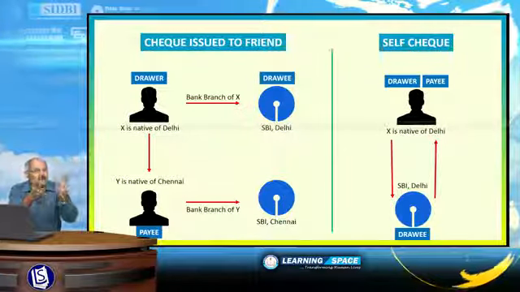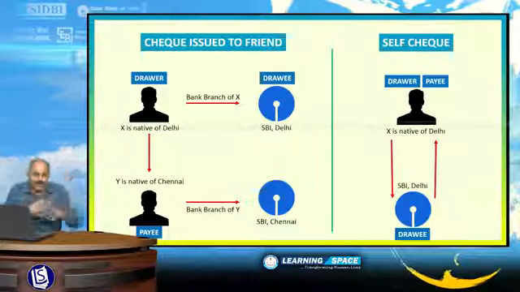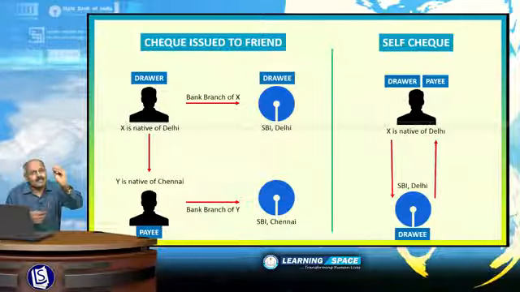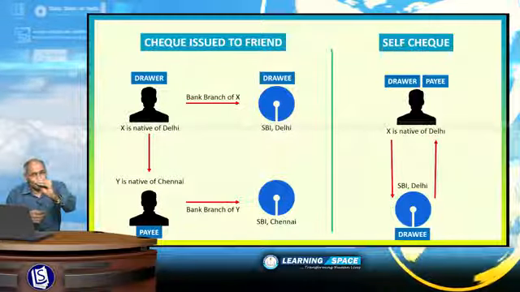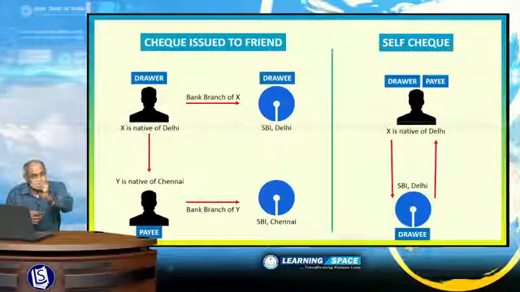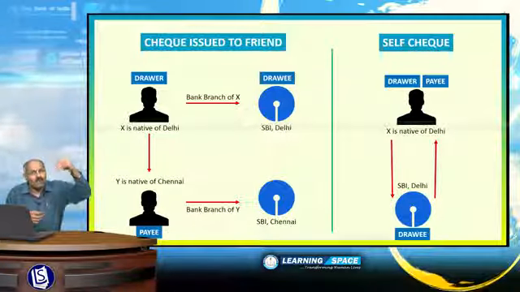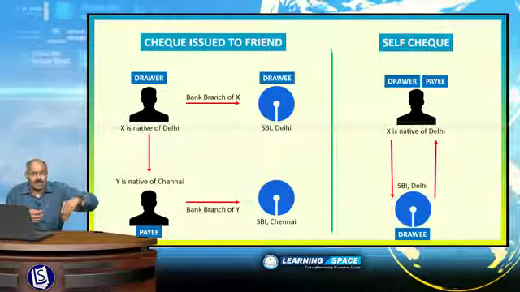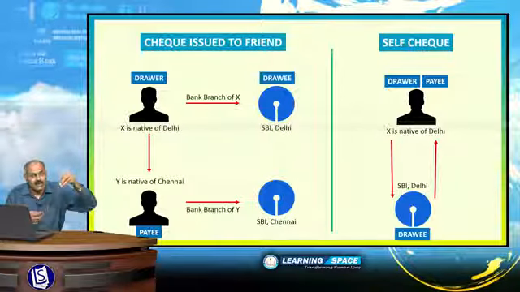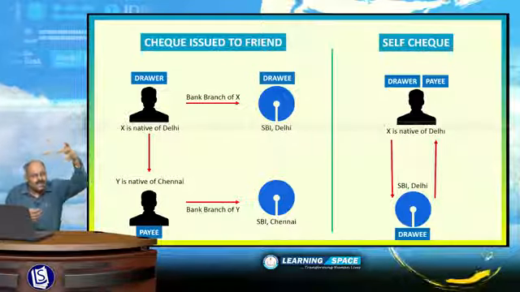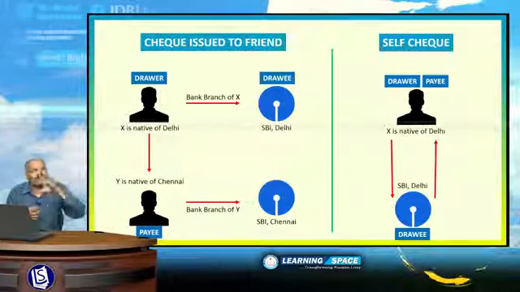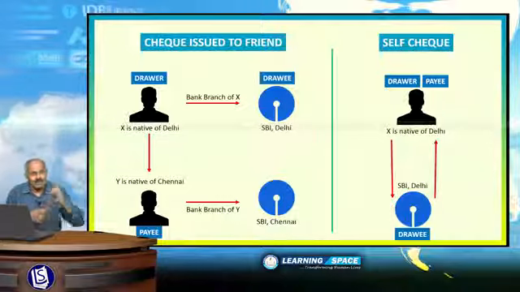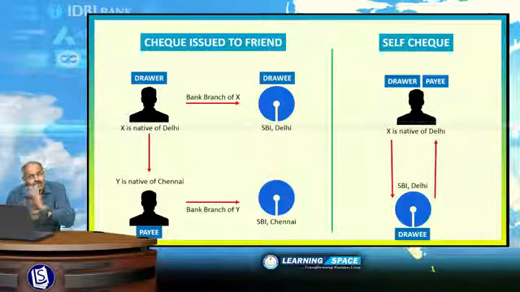Let us look at a customer X, he is a native of Delhi and his bank branch is State Bank of India, Delhi. He is issuing a check for rupees 1 lakh to his friend Y in Chennai. X's branch is Delhi SBI and Y's branch is Chennai SBI.